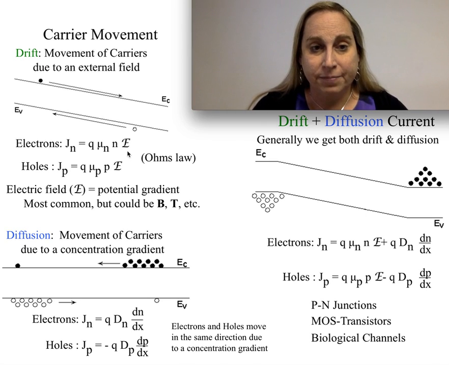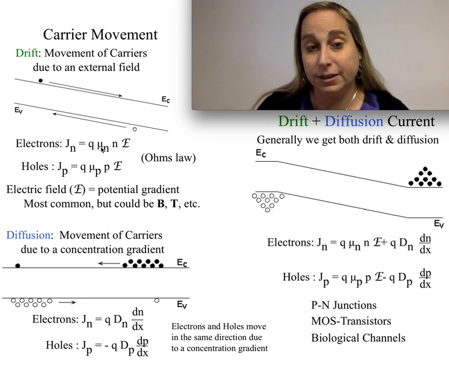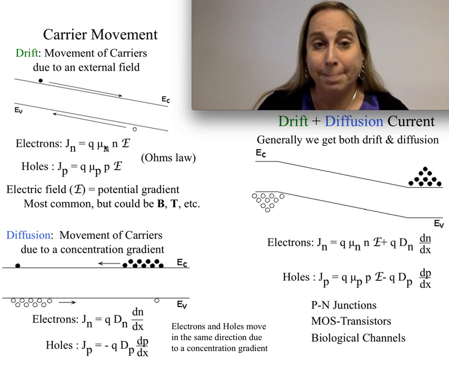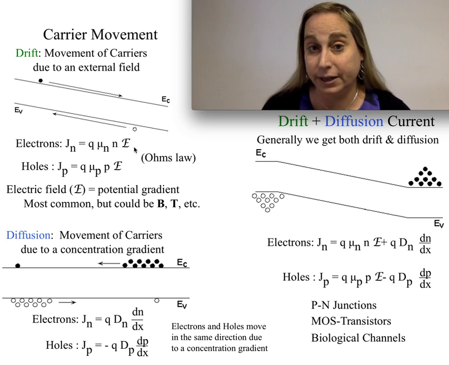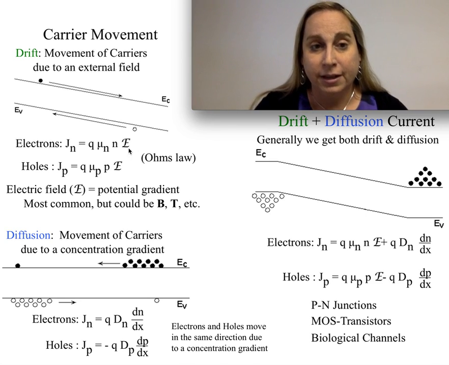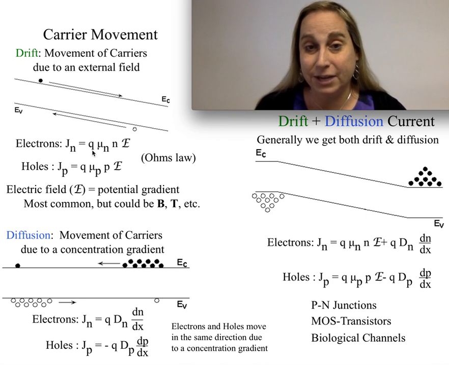In fact, the velocity of the carriers is typically going to be this mobility term mu times that electric field. So that gives you a real sense of the speed of the carriers. There's always going to be q, which is just a unit charge, because in the end we're dealing with either a unit charge of an electron or a unit charge of a hole. They have the same size, a different sign.